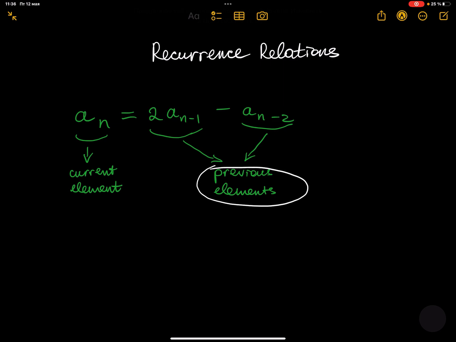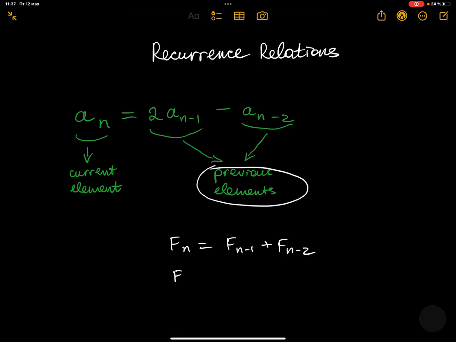A very good example is Fibonacci numbers, where you add, for example, if you want to find the second Fibonacci number, you have to add the first Fibonacci number and the Fibonacci number at the zero index. If I remember, it was like that: f_n equals f_(n-1) plus f_(n-2).